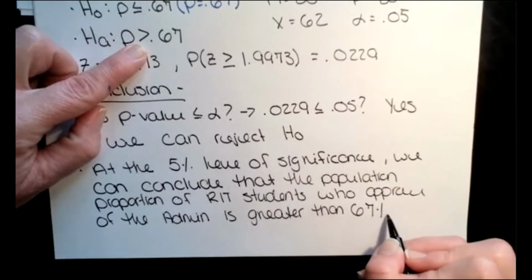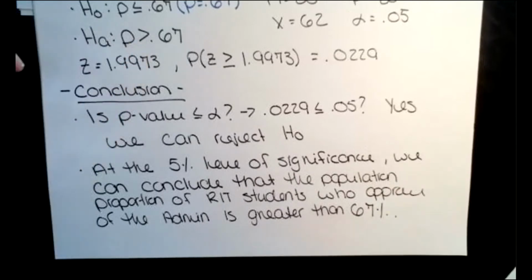Now I write it as a percentage in my conclusion. And I'm going to tell you why. Instead of a decimal, you can absolutely write it as a decimal. It means the same thing to me.